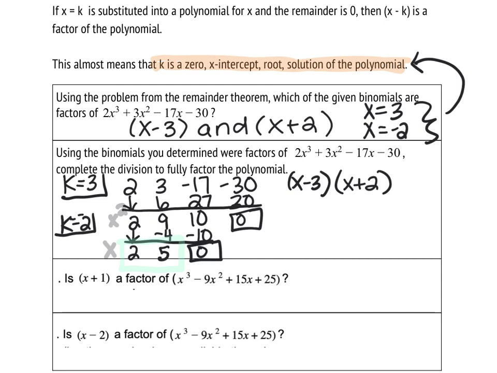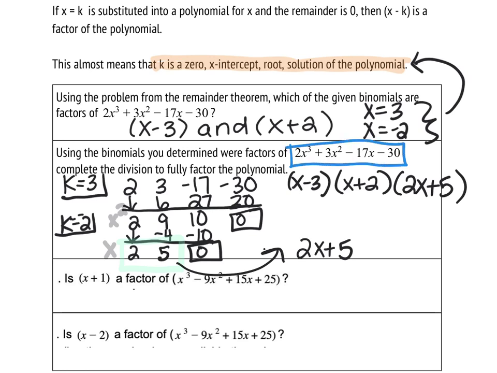So when I put it all back together, I should have 2x plus 5. Well, 2x plus 5 is my remaining factor. If you go into Desmos right now and graph this original polynomial, and then graph those pieces together, they are going to produce the same graph. We just factored using the remainder theorem to figure out what some of the factors were, and we used the factor theorem to reduce it down.